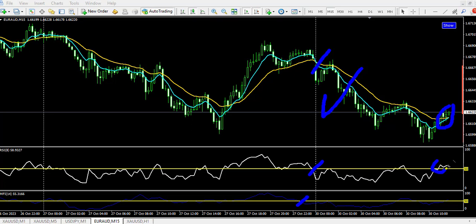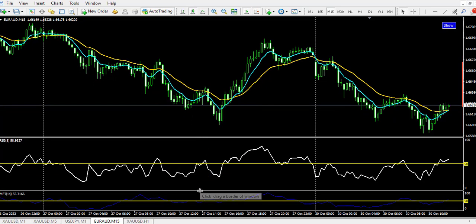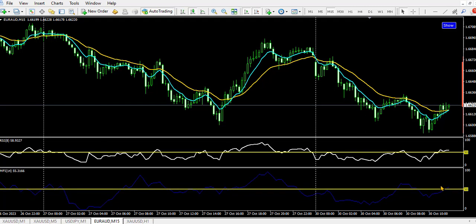The RSI is above 50 already, and the last indicator is above 50 here already. And this is a good signal that we have to wait for and let the candle close before you place your trade. The candle must close before you place your trade.